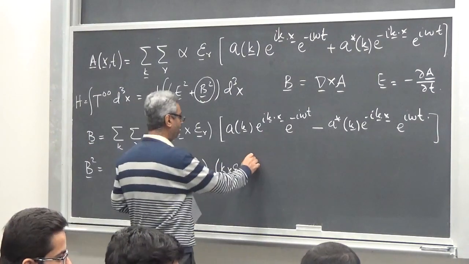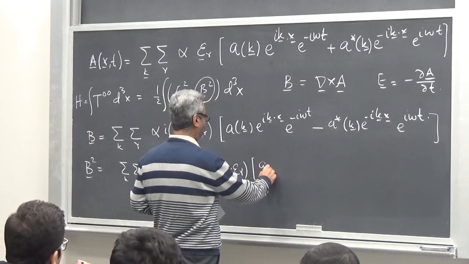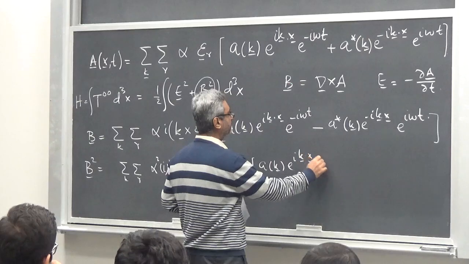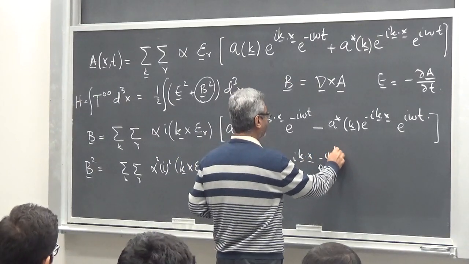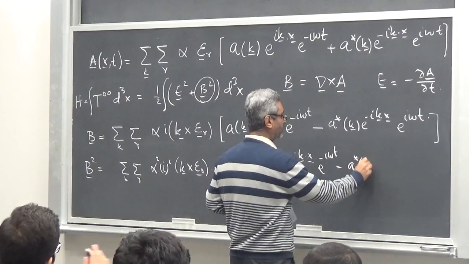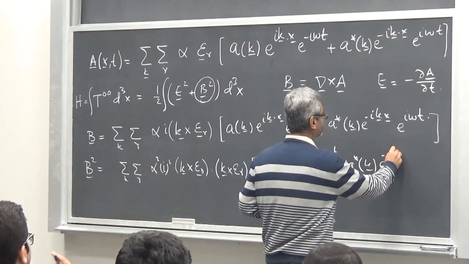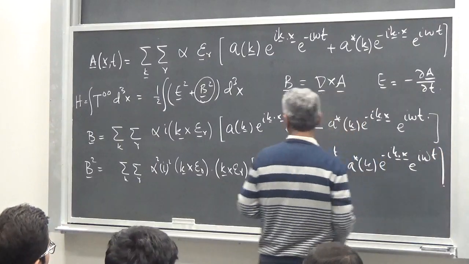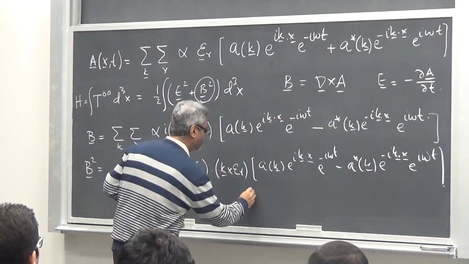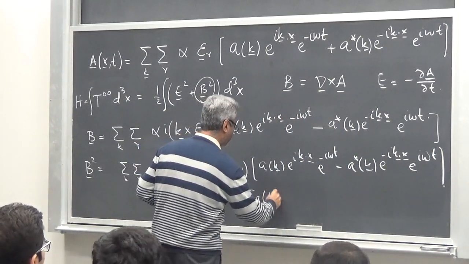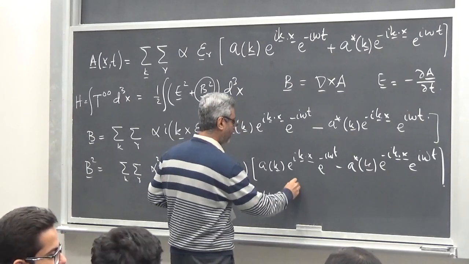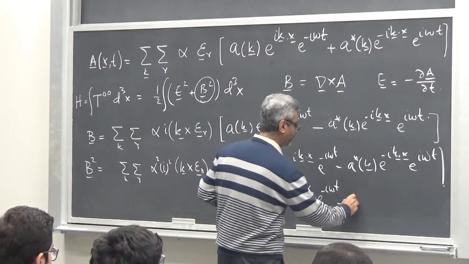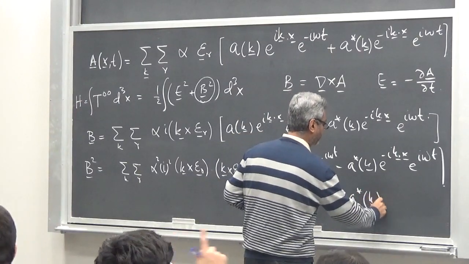And then there will be an A of k e to the i k dot x, e to the minus i omega t, minus A star k, e to the minus i k dot x, e to the i omega t, and then I write it again. A k, e to the i k dot x, e to the i omega t minus A star k.